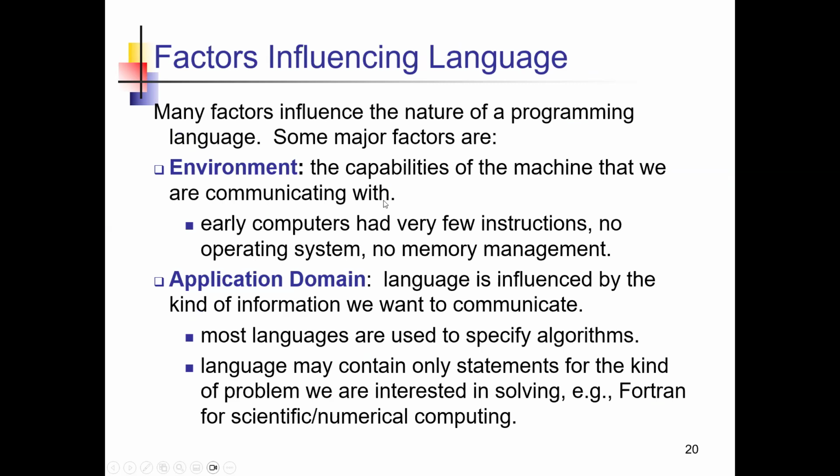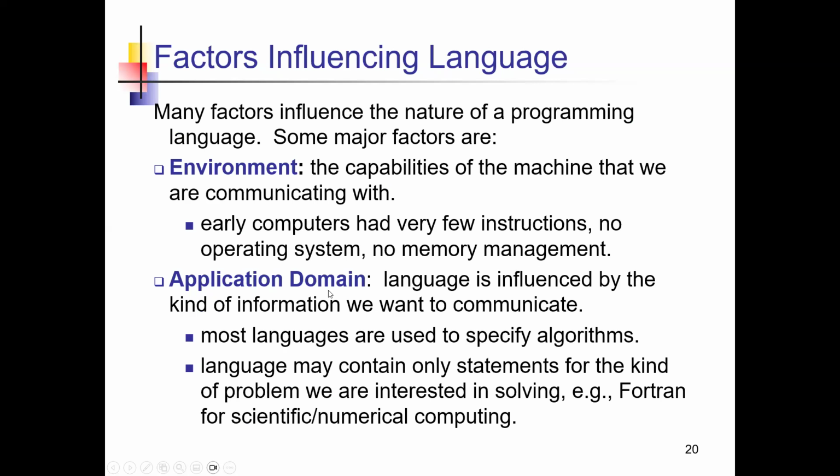So what are the factors that influence languages? Here we say we have many factors. One is the environment, the capability of the machine that we are communicating with. Earlier computers had few instructions because those computers had no operating system, and also there was no good memory management system, and even the memory was very small.